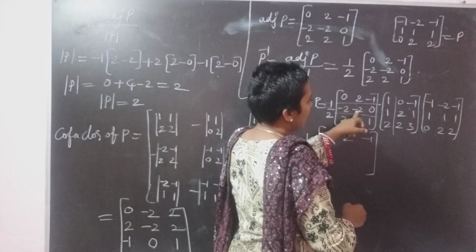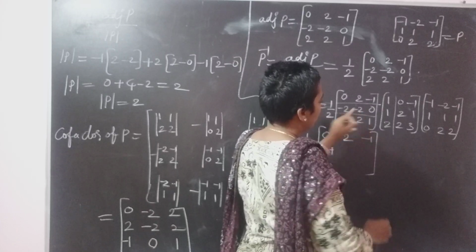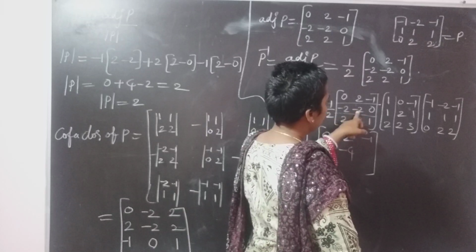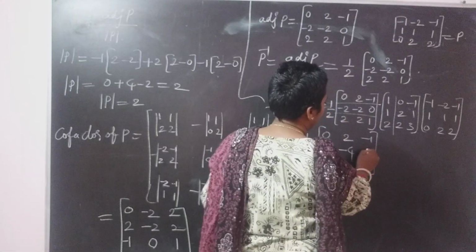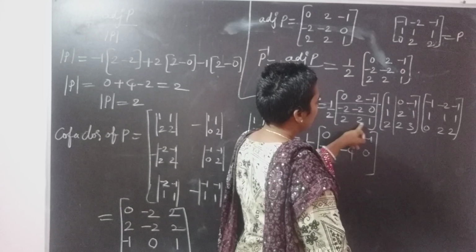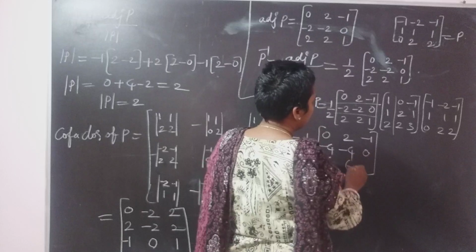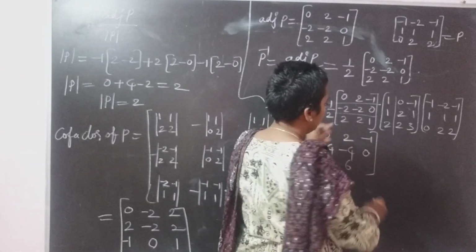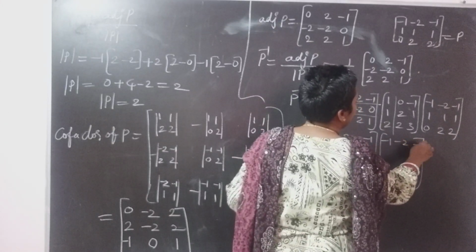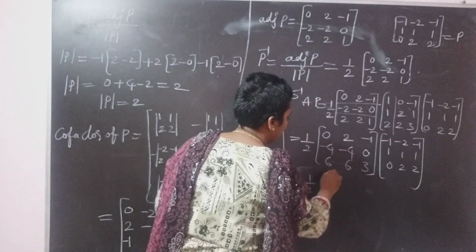Product: minus 2 minus 2 minus 4, 0, minus 4, plus 2, minus 2 get cancelled, and 0, 0, 2 plus 2 plus 2, it is 6, 0, 4 plus 2, 6, minus 2 plus 2, 0, it is 3, into minus 1, minus 2, minus 1, 1, 1, 1, 0, 2, 2 is equal to 1 by 2, and product.